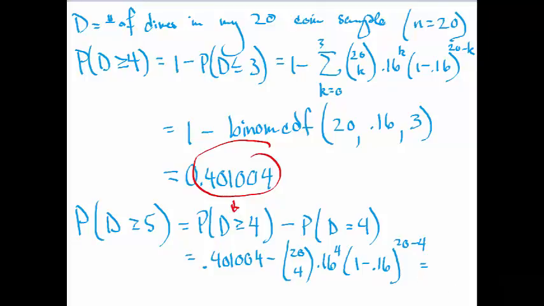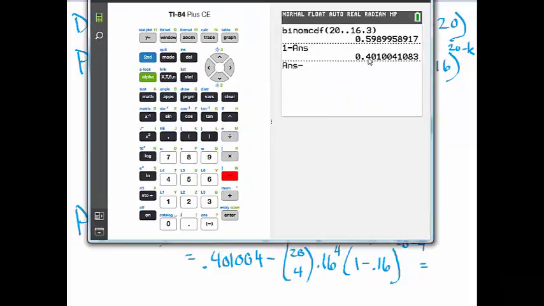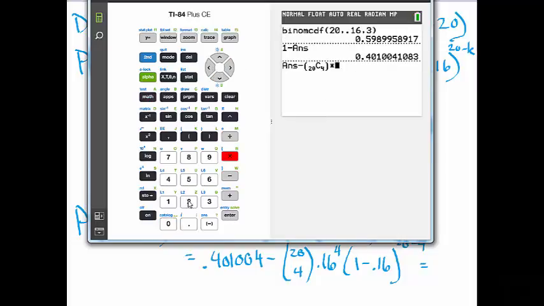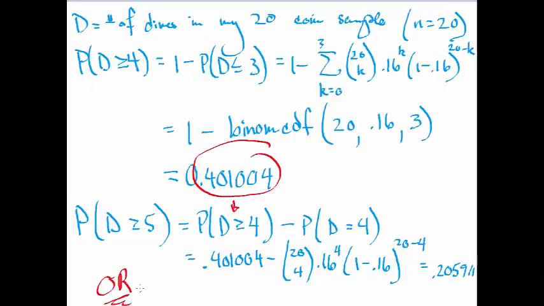If I pull out my calculator, take this last entry here, subtract, go to the math menu, choose nCr: 20 nCr 4 times 0.16 raised to the 4th times 1 minus 0.16 raised to the 20 minus 4, which is 16. I get 0.205911 approximately.